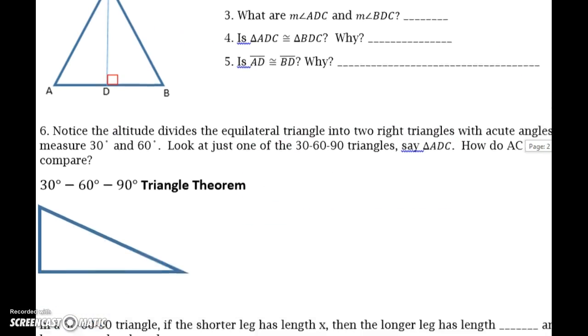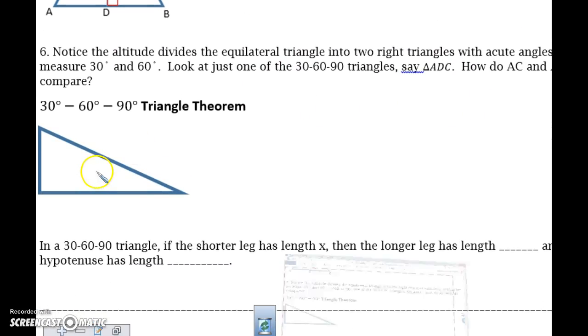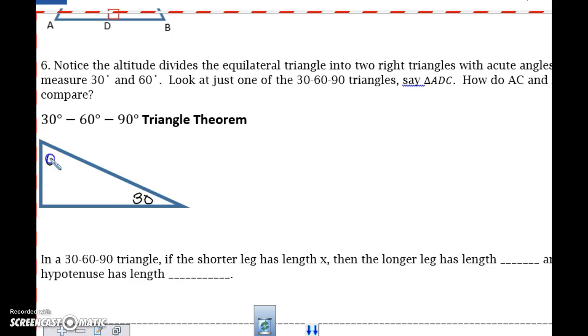The pattern was that if the short leg was x, then the hypotenuse is twice as much, and the long leg is the short leg times the square root of 3. Now we did that in our exploration using the Pythagorean theorem, okay? We're not going to rehash why that is right now. You can go back and look at that later. But we're going to use this pattern, okay?